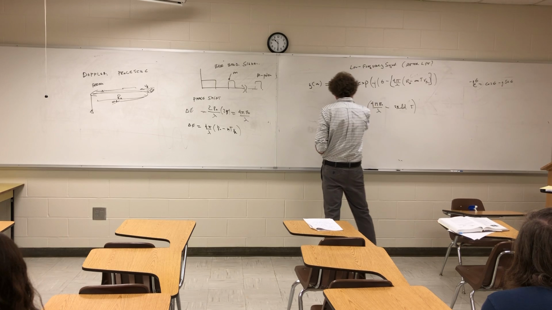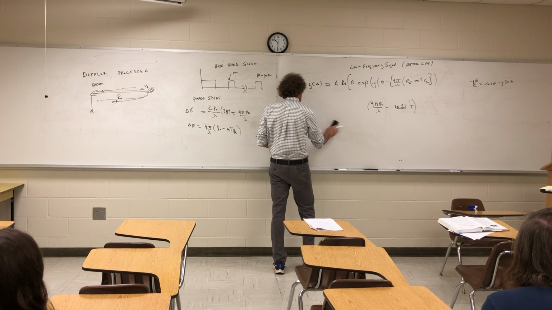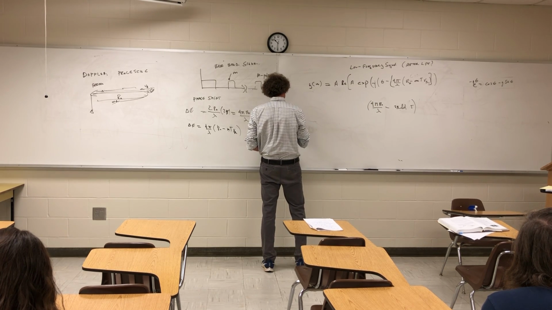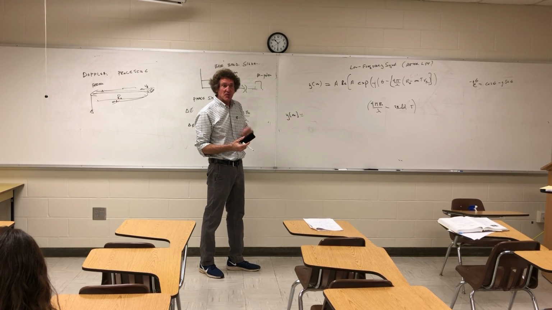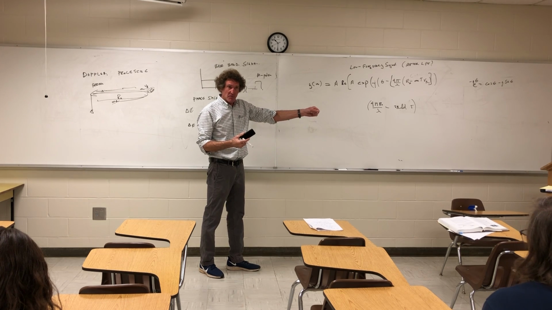So now I can say that this expression, y of m, in other words, this is the y that would be associated, this is a return for the mth pulse. Y'all with me on this?